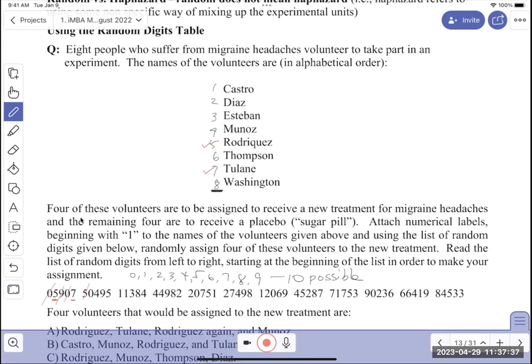Anyway, it's just not a good idea. All right, so 0 is out because it's not in our list. 4 is next, Munoz. 9, it does not come in our list. 5 has already been excluded, and then 1, Castro. So those are the 4 that will go into the treatment group.